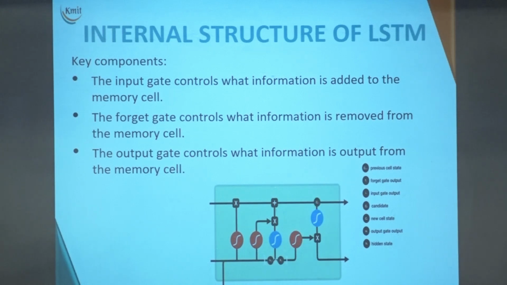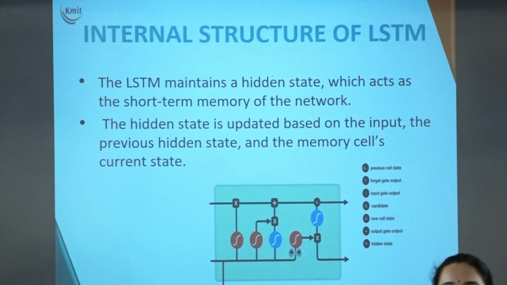The input gate controls what information is flowing in and out of that LSTM cell. The forget gate helps the cell understand which information has to be forgotten and which has to be retained. And there is an output gate which controls which information is supposed to be output out of that particular LSTM cell. Each and everything we will see in a very detailed form in the subsequent slides. Apart from that, I said LSTM is an RNN.